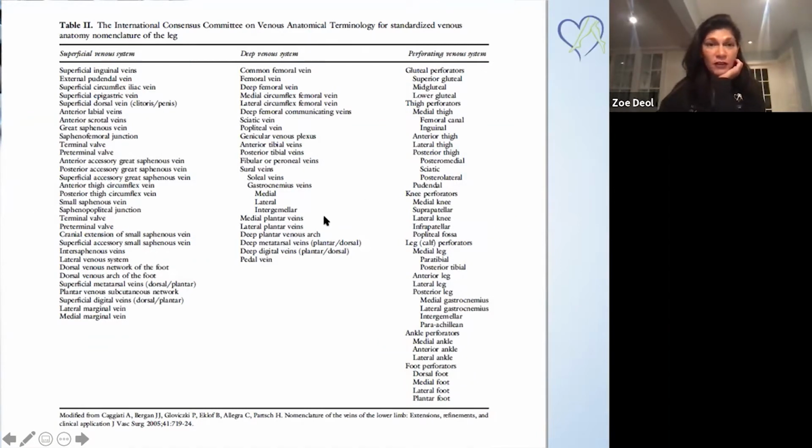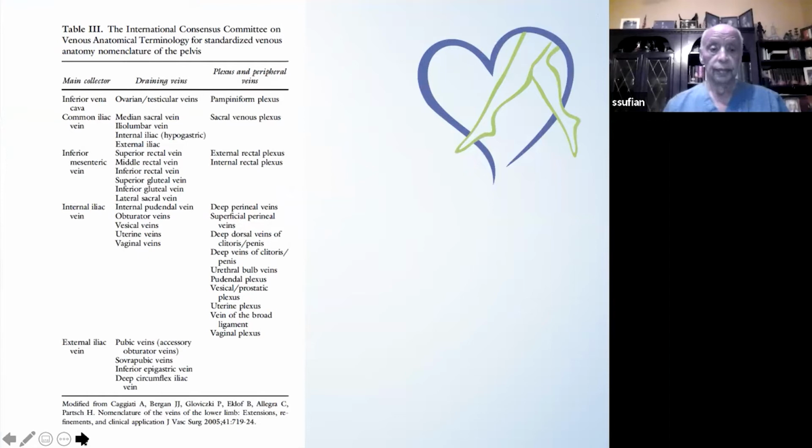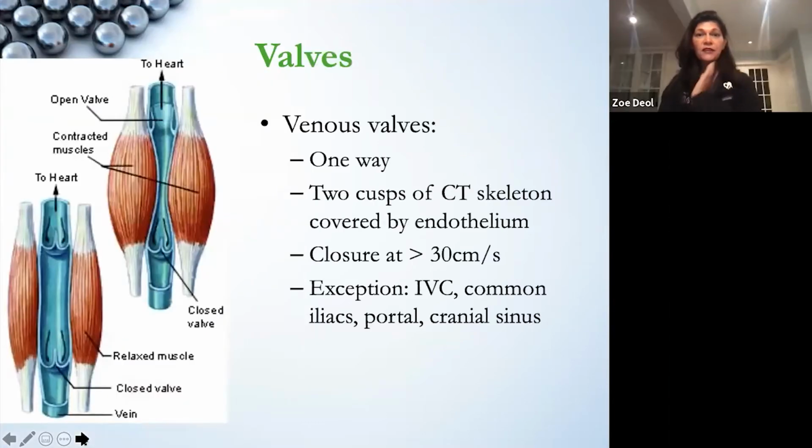That vein of Jumanji or Giacomini, for example, is truly called the posterior thigh circumflex. It's a posterior thigh extension of the small saphenous vein. But it is important to really know the true names of the superficial, the deep, and the perforators, so this is a great chart to have as a reference. And this is a great chart for the deep or pelvic system. You can download that from my presentation afterwards.